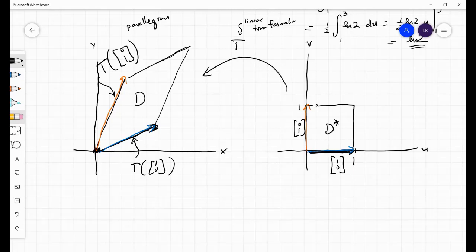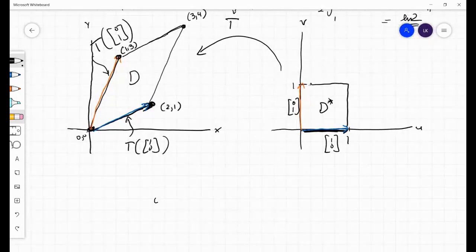So suppose we have a parallelogram in the xy plane with vertices (0, 0), (2, 1), (1, 3), and then this would have to be (3, 4).